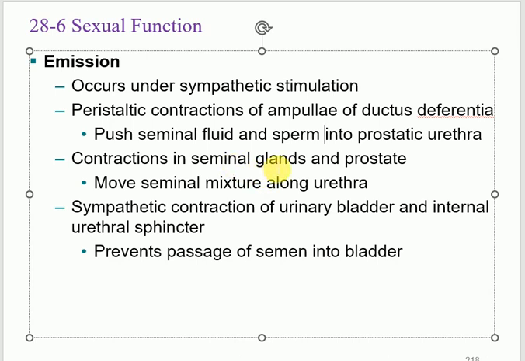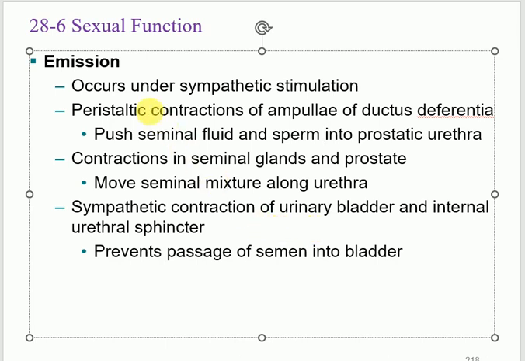Prostate contains some smooth muscles that contract, pushing the semen from all these glands into the urethra. And in the spongy urethra, the semen will be pushed out, and it should go to the vagina, which is ejaculation, the next one.